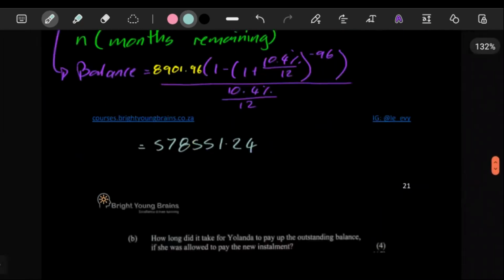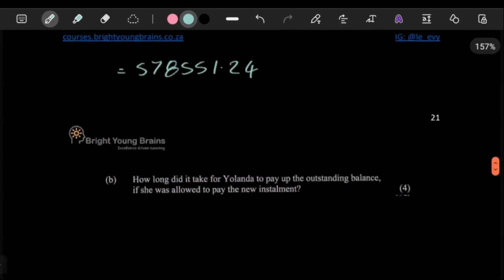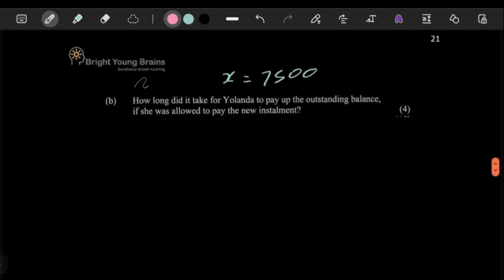So it seems like we have done what we can. Let's move on to the next one. It says, how long did it take for Yolanda to pay off the outstanding balance if she was allowed to pay the new installment? So her new installment is 7,500. If they're asking how long it takes her to pay, we can just use the normal P formula. But in this P formula, we need to isolate n.